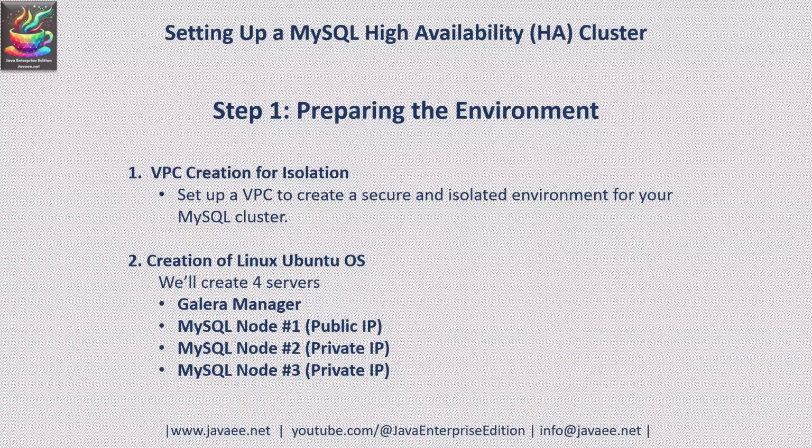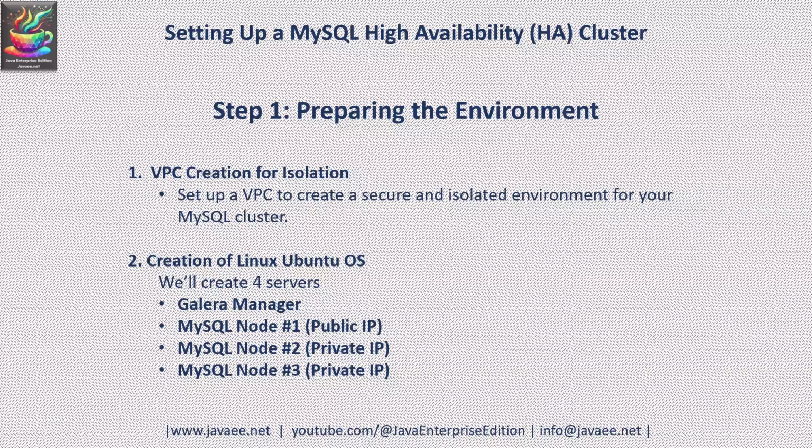The second step would be to create 4 different Linux servers under the VPC. As I said, we need 4 Linux servers, one for Galera Manager, and then 3 machines for setting up the SQL nodes. If you look at step 2 on the MySQL nodes, I mentioned node 1 with the public IP, and then the second node with the private IP, and the third node also with the private IP.